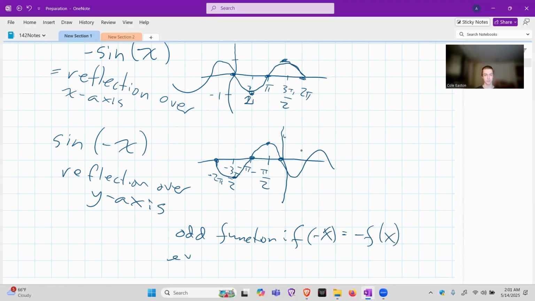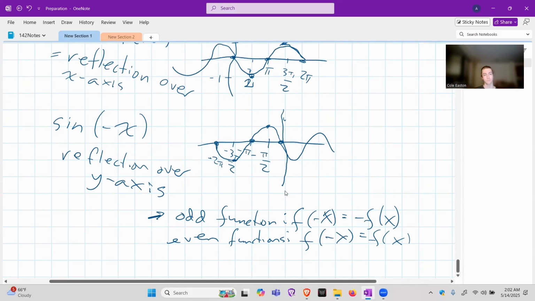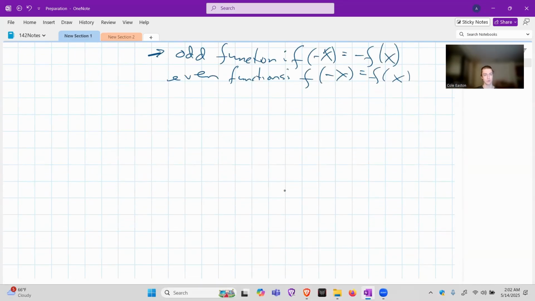And even functions are when f of negative x equals f of x. Some functions, and probably most functions, are neither of these, but sine is what we call an odd function, which essentially means that reflecting over either axis does the same thing. But let's look at a different example here.